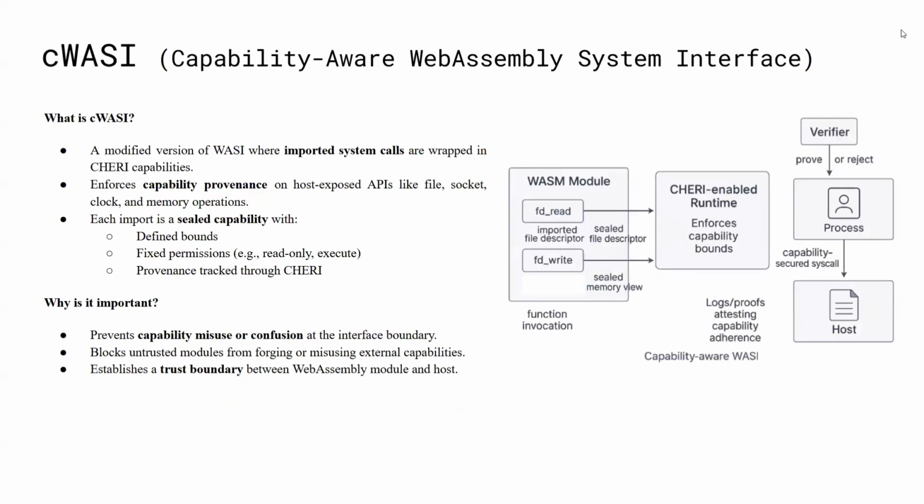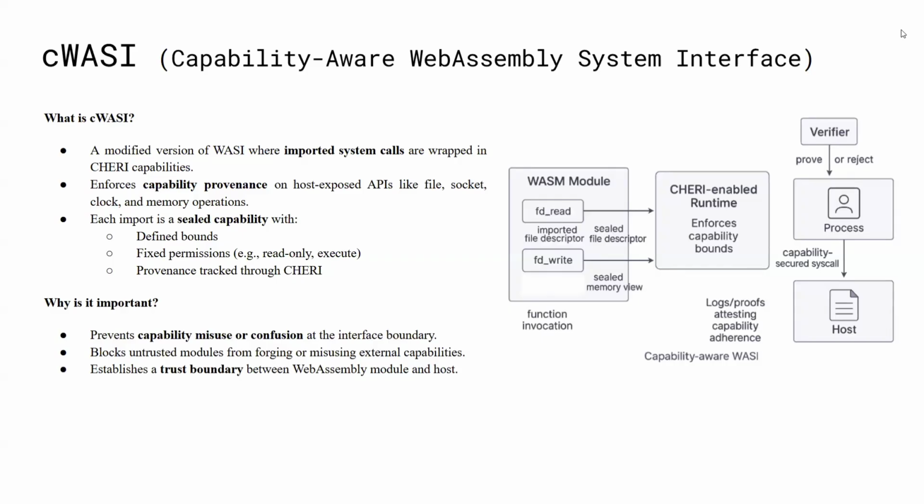Like I said, if you're requesting your module to access some file or accept an incoming socket connection, your capability will be given an explicit permission, which is again not greater than its parent module. It will be given exactly, say, read access to a particular part of the file. You cannot write or go anything beyond that particular file. You can't even read the adjacent file, which might be a few offsets away. That is how every permission will be provisioned out there.